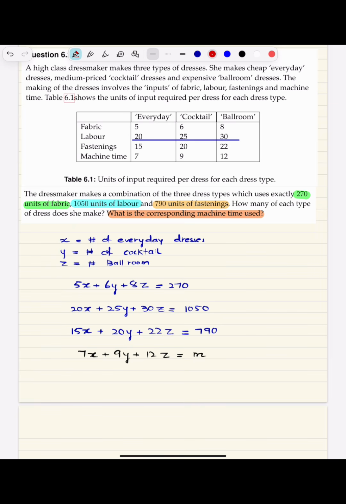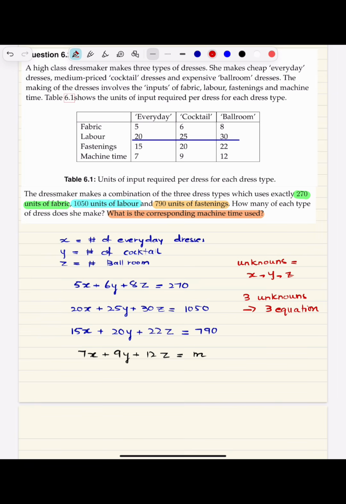At the moment we have three unknowns: x, y, and z. So if we have three unknowns, then in order to have a solution, we require three equations, not four. If you had four equations, then you would have required four unknowns.